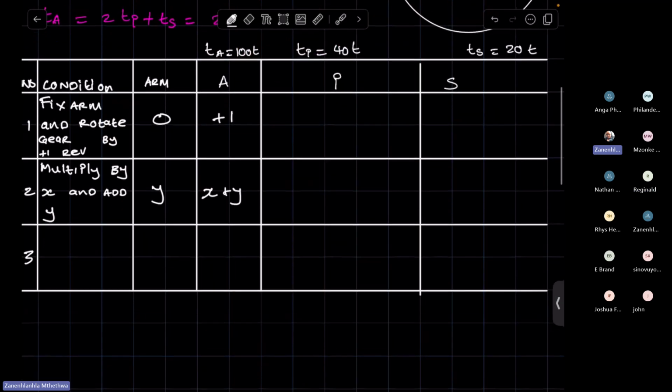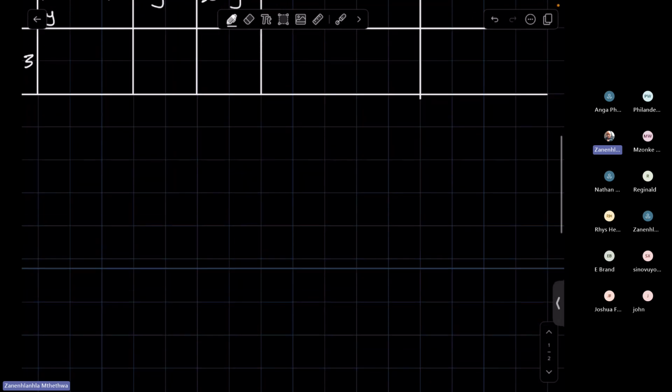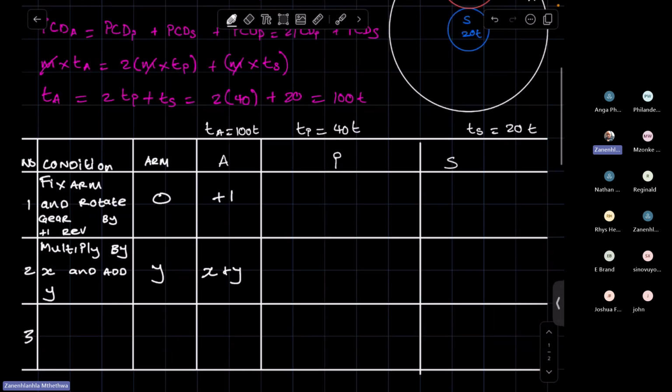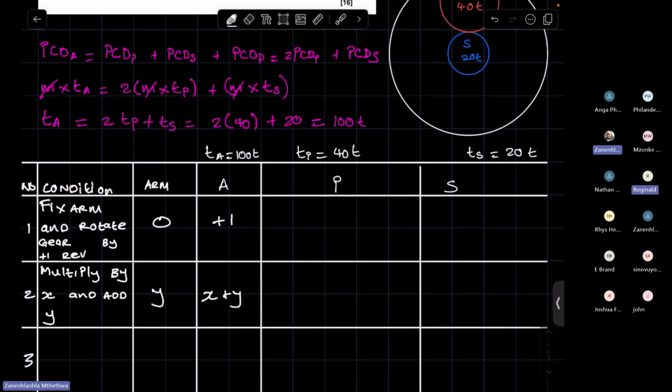The first step is you establish the relationship between the 2 meshing gears. In fact, wait, put a comma there. I first want to explain what it is exactly that you are trying to accomplish in completing the first condition.